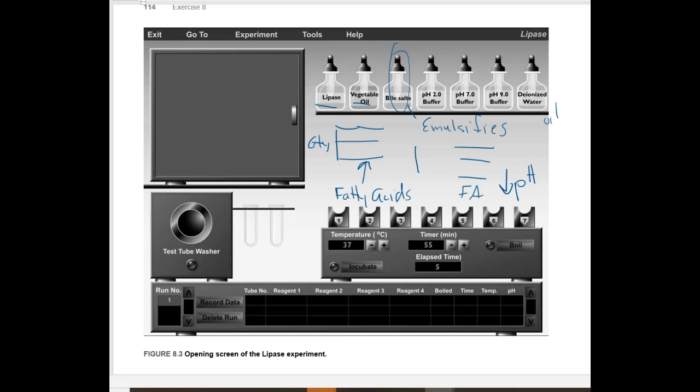So when you digest lipids, the pH of your digestive juice should go down, and that's what we're measuring down here is pH. So we're looking for a drop in pH as an indication that lipids, oil, has been digested, releasing free fatty acids.